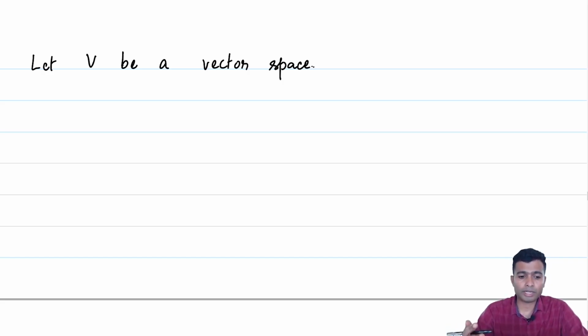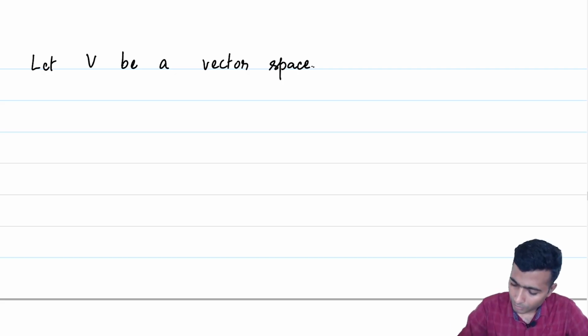So, now look at whether w1 plus w2 is in our subset W. In other words, just check whether W is closed under vector addition, the vector addition which is borrowed from V. And similarly, check whether W is closed under the scalar multiplication, which is again borrowed from capital V. If W is closed with respect to both vector addition and scalar multiplication, then we say that W is a subspace of V.